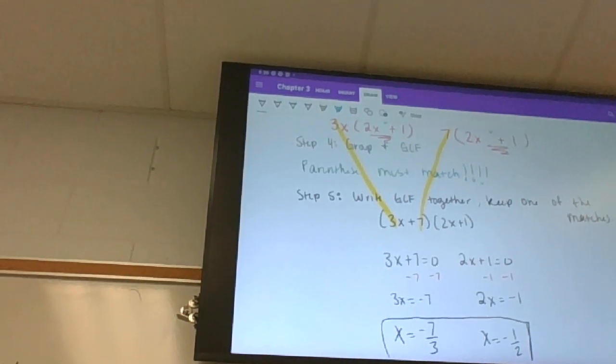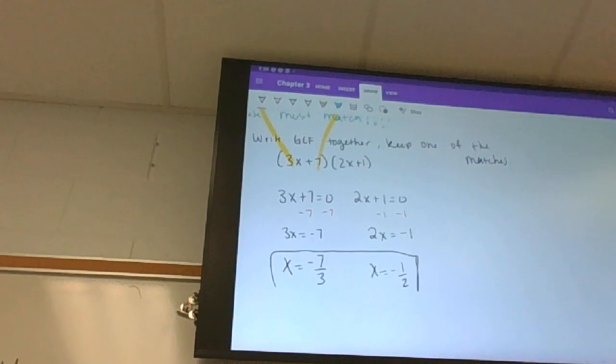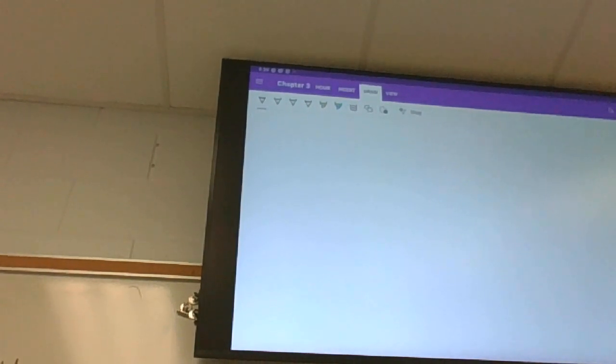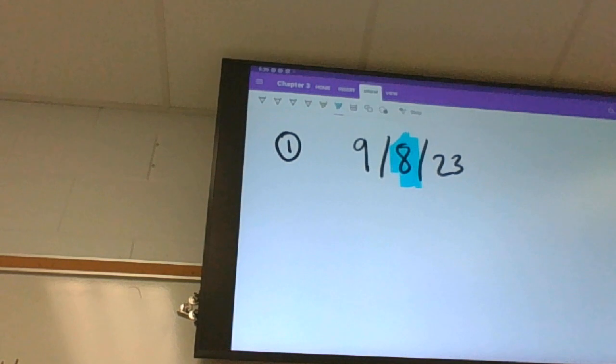Number one, the ninth is actually a Saturday, so it's supposed to say the 8th on it. Please do not write on the green paper. Number one should say 9/8. Yeah, just a minute.